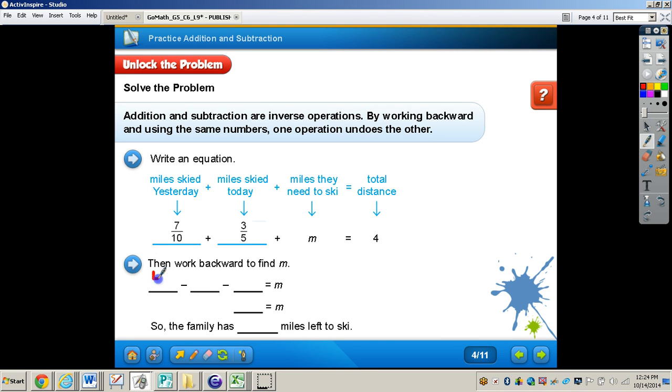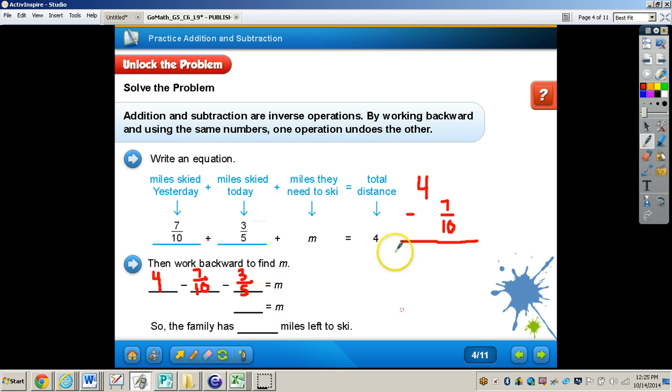So we take 4, and we're going to subtract 7/10. And then we're going to subtract 3/5, and that is going to give us m.